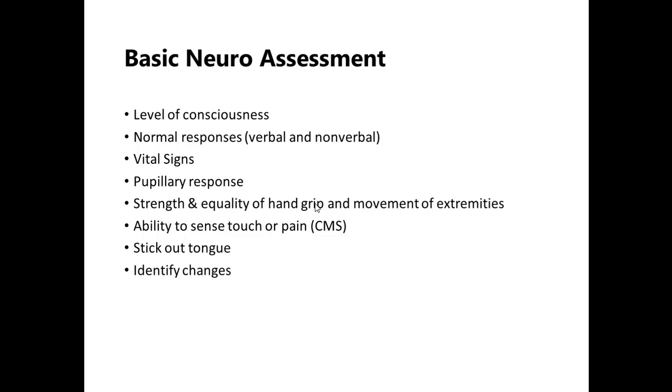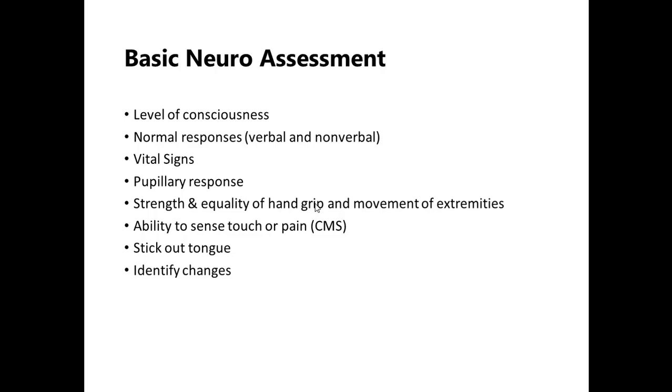So 0 out of 5 is basically no contraction, nothing. The muscles are not doing anything. 1 out of 5 is a muscle flicker. There's no movement. The patient is not moving their arms at all. 2 out of 5, there's movement possible, but no movement against gravity. Like, they can't fight gravity to actually move.